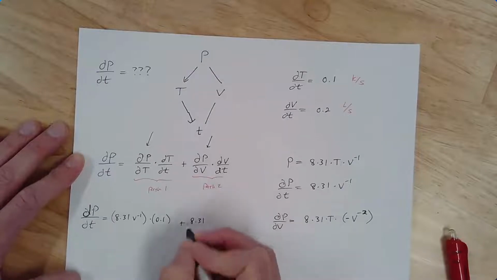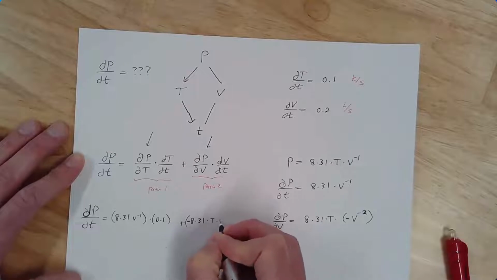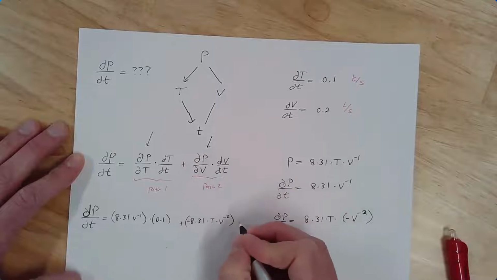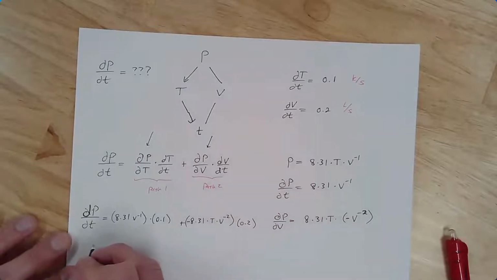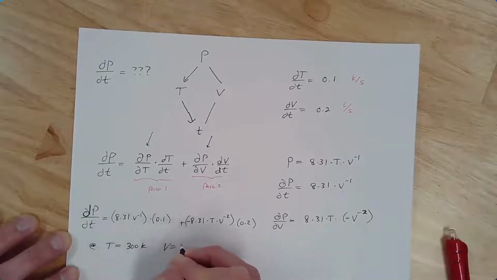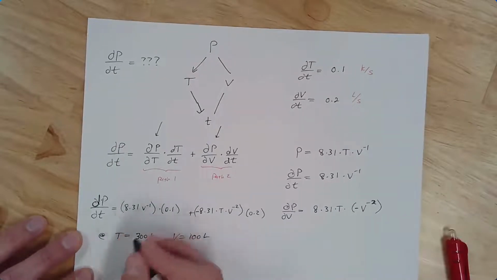I should really write a minus 8.31 times T times V to the minus 2, times dV dt, which is 0.2. And then I'm going to plug in T equal to 300 kelvins, was it? Yeah, 300 kelvins. And volume equal to 100 liters. So I'm going to get something gnarly.